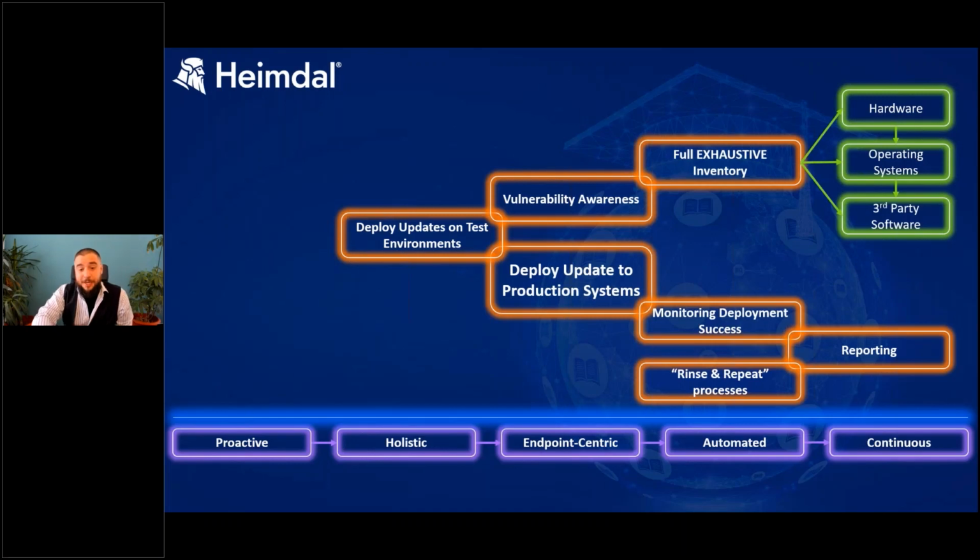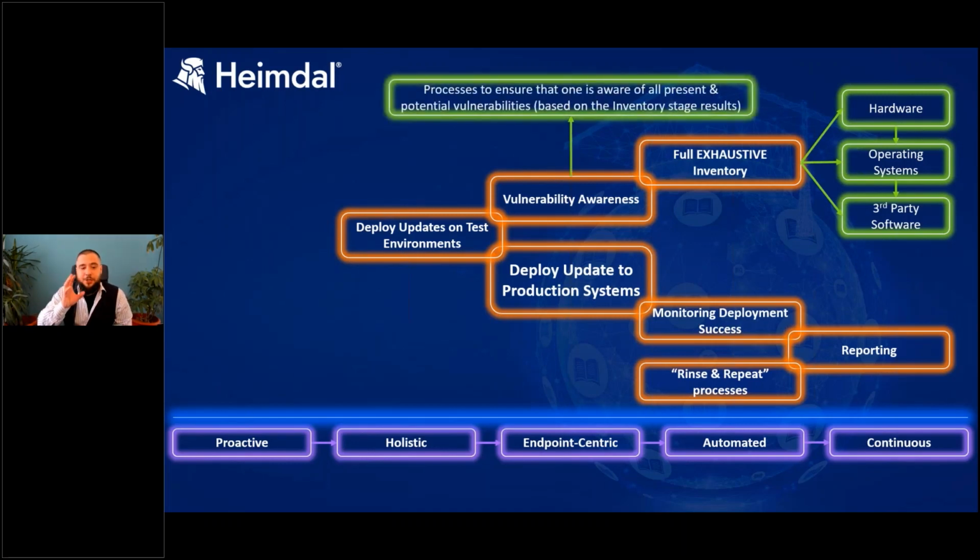Now, when it comes to being aware of what's vulnerable, you basically need to make sure you have processes in place, and processes at plural, right? Because hardware will need some processes, software would need some processes, OSs would need some processes. You need to make sure that you're aware of all the present and potential vulnerabilities based on that particular inventory.